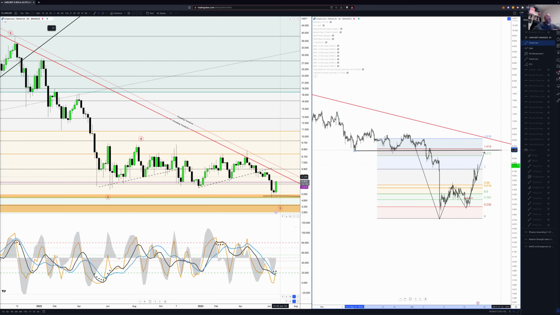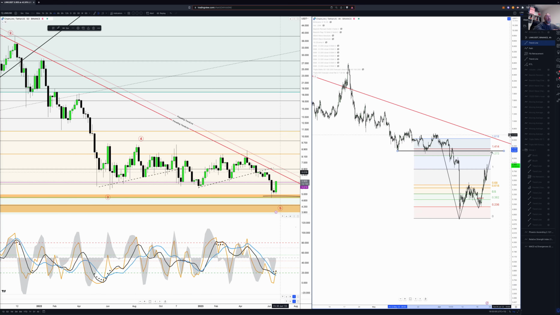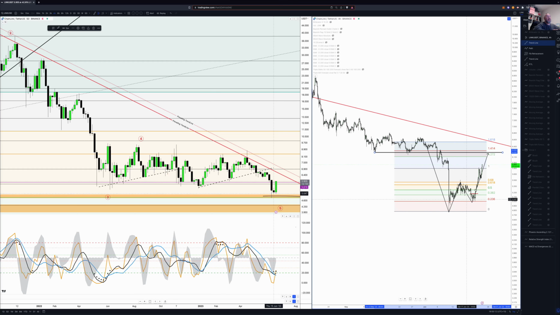You can see that level acting as resistance, and we got that there and there. So this might just continue on, but on a smaller time frame, it's looking good. And that's the swing failure pattern, failed auction type of thing. A, B, C, and then up. So that's a nice reversal.